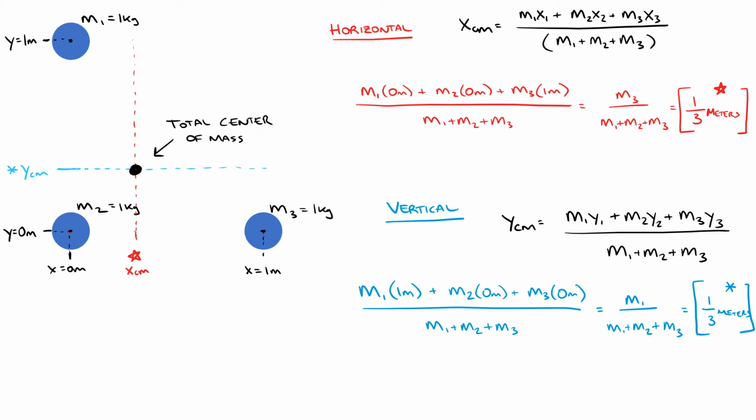So I lost all my pens. So we have the center of mass, you need to go over a third. So it's kind of somewhere on that line. Now we need to find the vertical center of mass. Same exact thing, except we do it vertical.